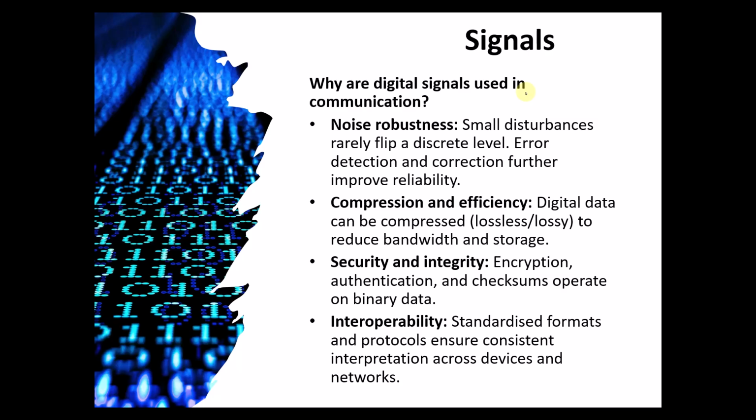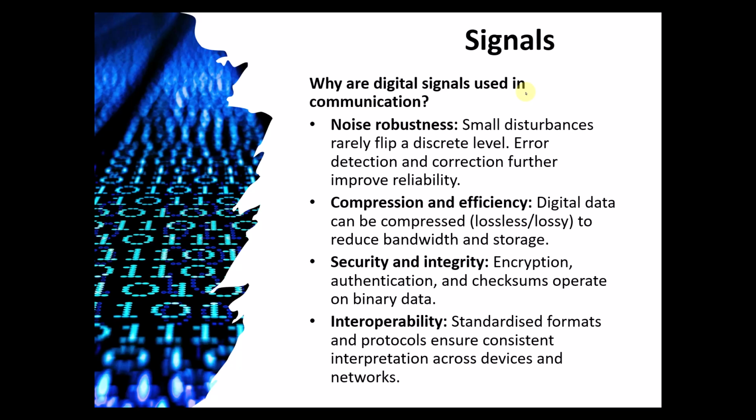So bear in mind that with digital signals, taking away noise is easier than doing that with analog signals. Small disturbances rarely flip a discrete level. So it is able to withstand noise better than the analog signal.